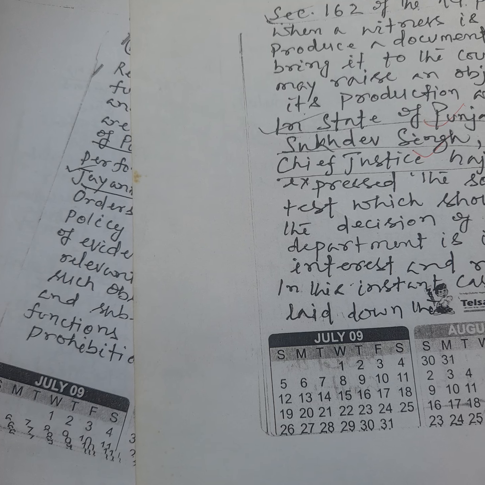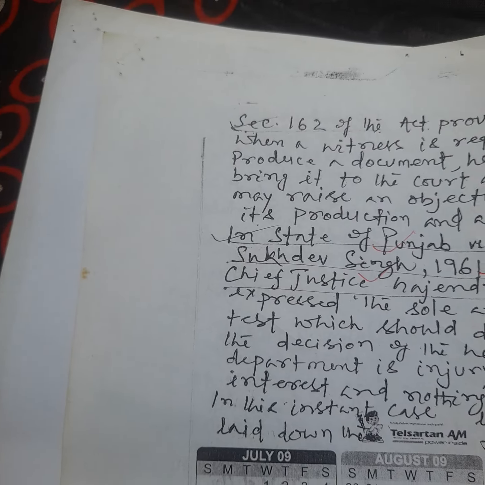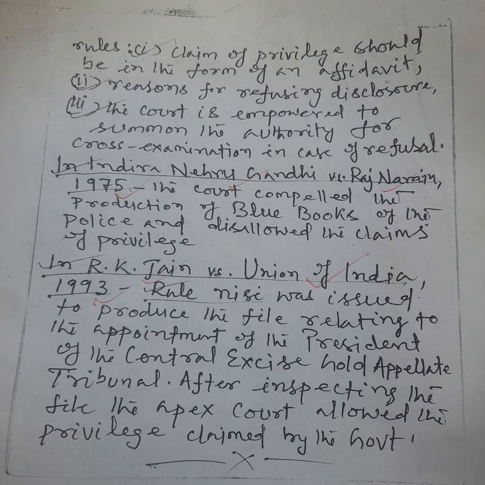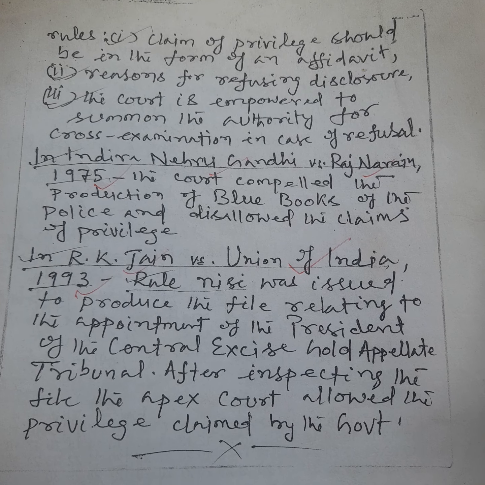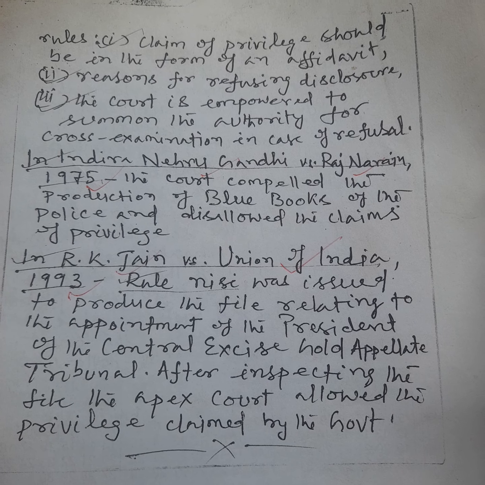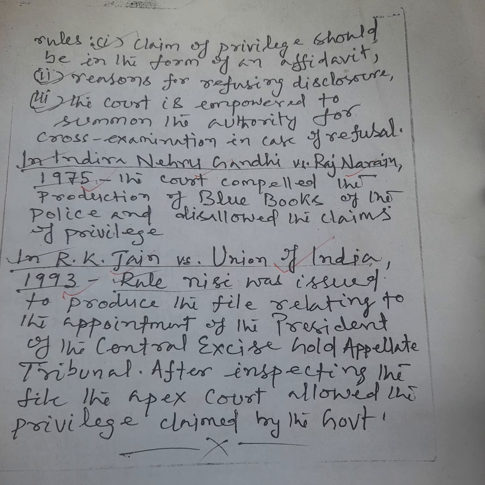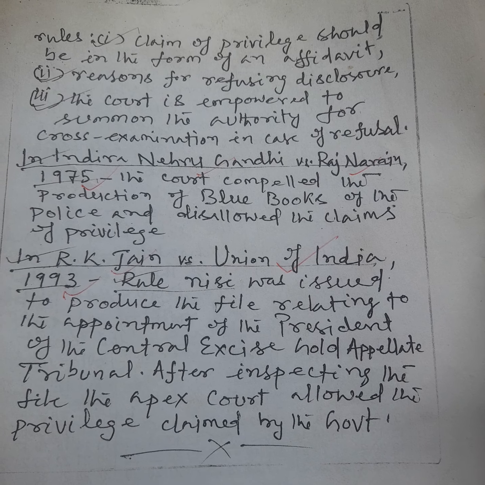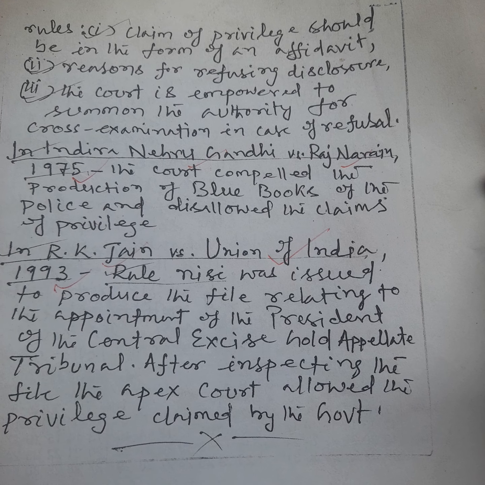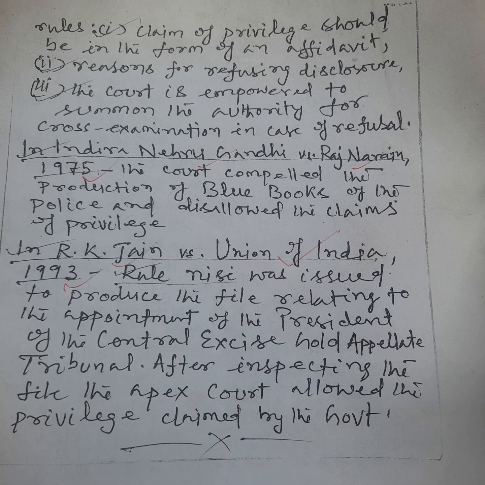Justice Gajendragadkar, the then Chief Justice, laid down certain rules relating to the privilege of the administration, and in the condition of refusing to disclose such documents as privileged documents, or regarding maintaining secrecy or confidentiality.